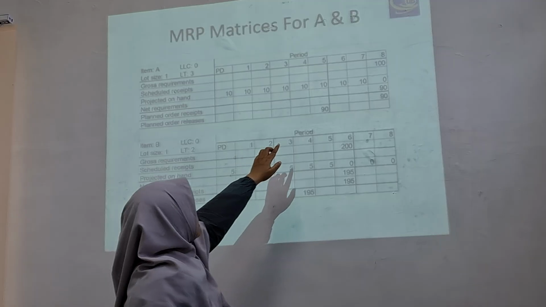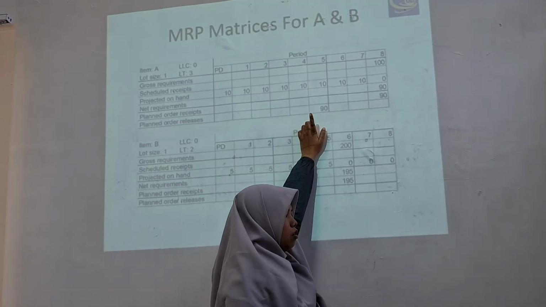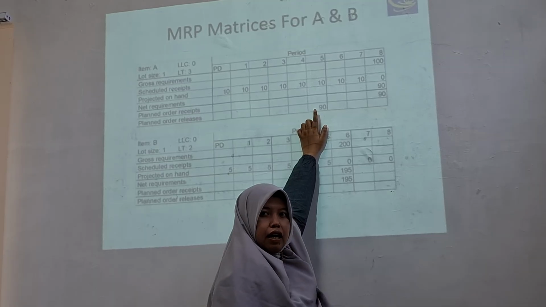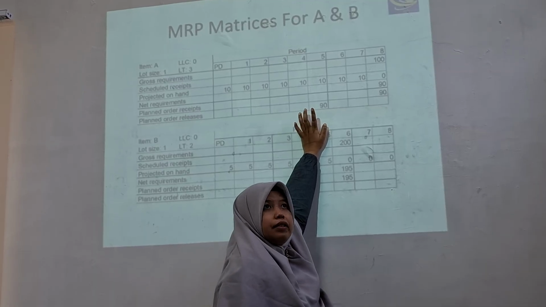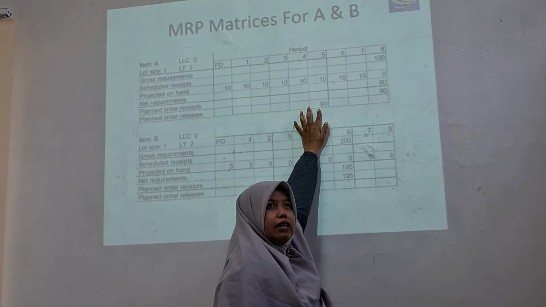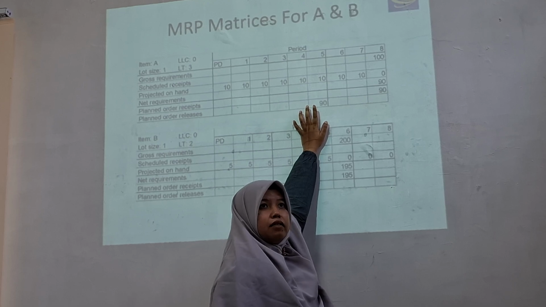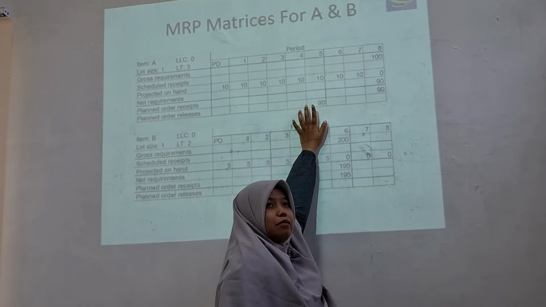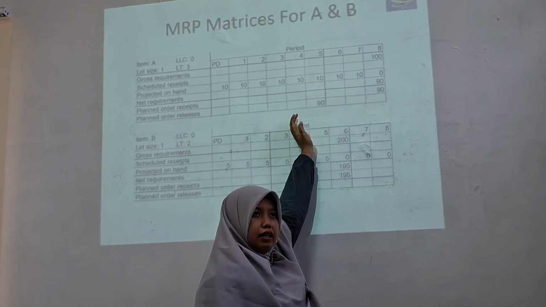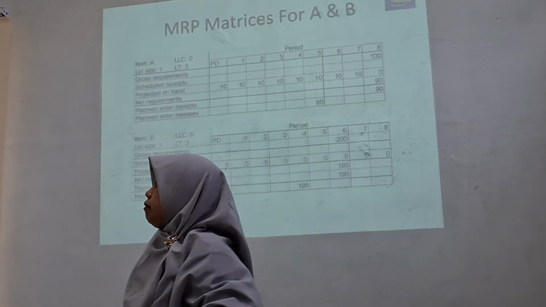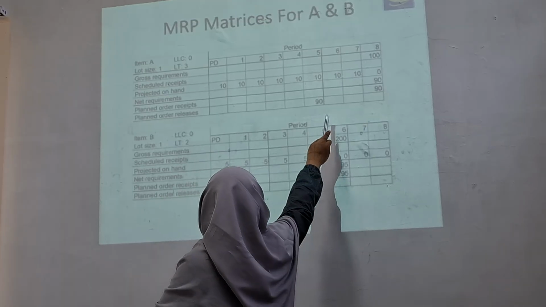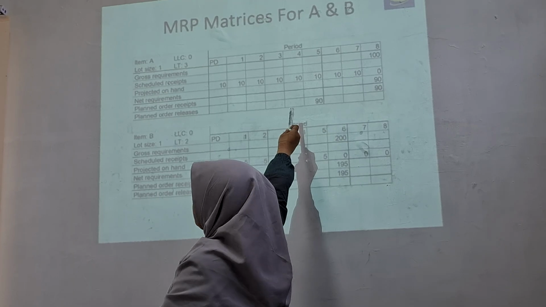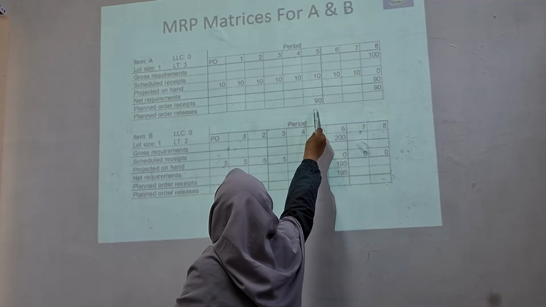So this is the MPS, or gross requirement, for item C. For one item A we need three items C. So in the MRP of item C we must take 90 multiplied by 3 in period 5.